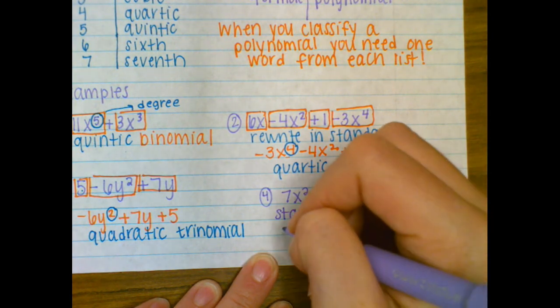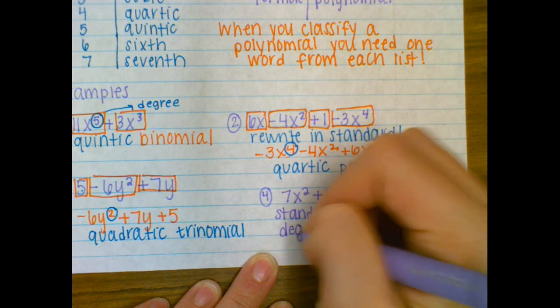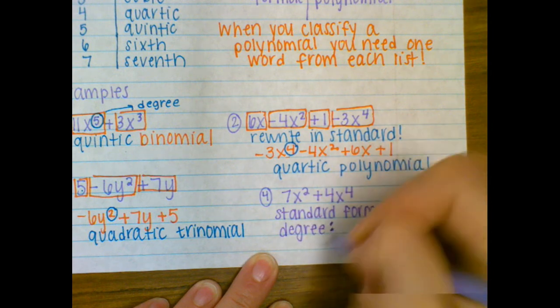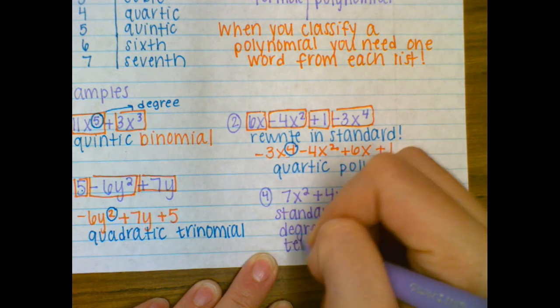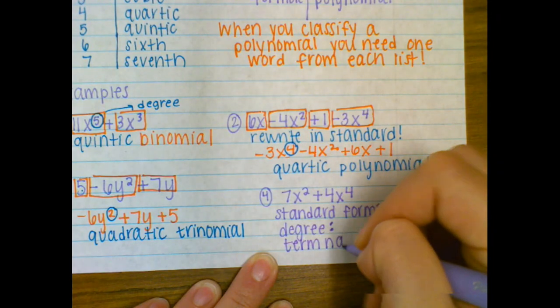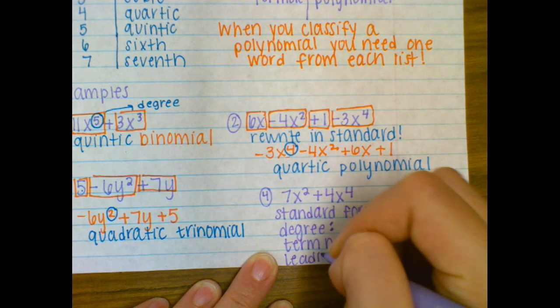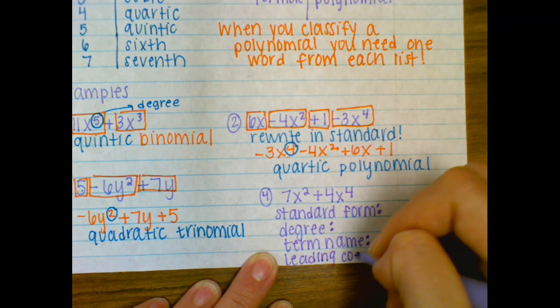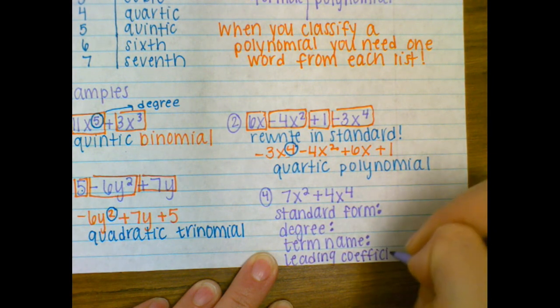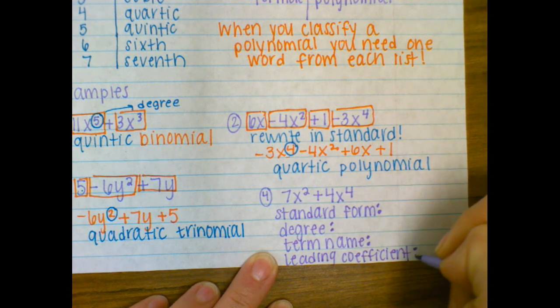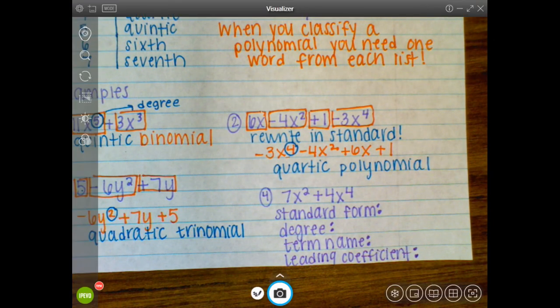Tell me the degree. Tell me the term name. And I want you to tell me the leading coefficient. And I'm going to pause it and give you a chance to fill it in.